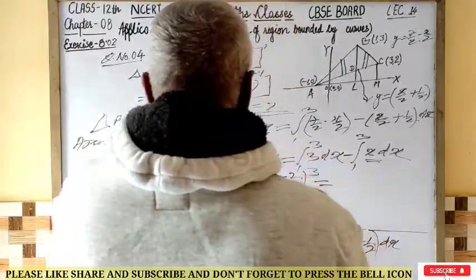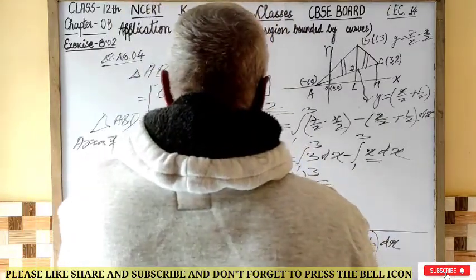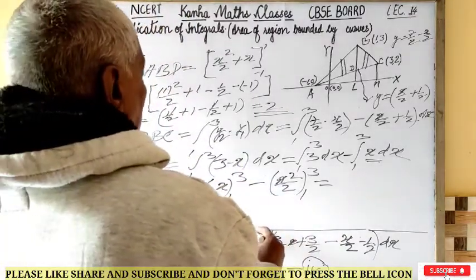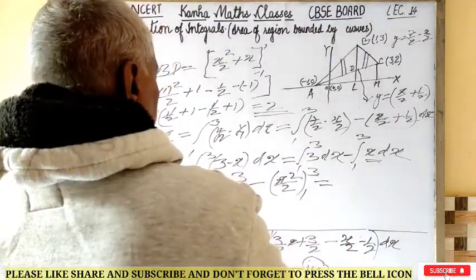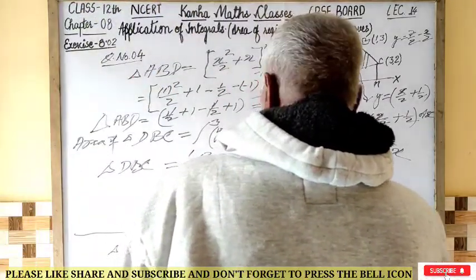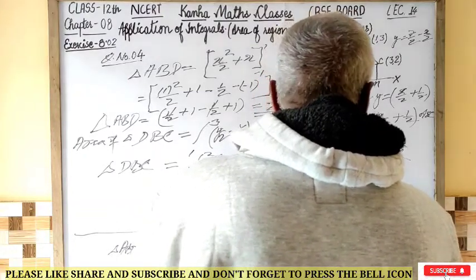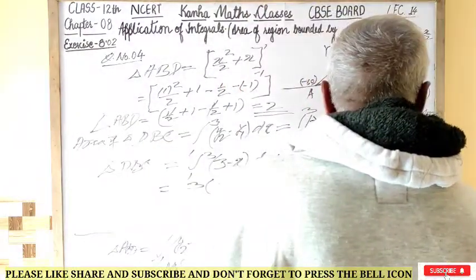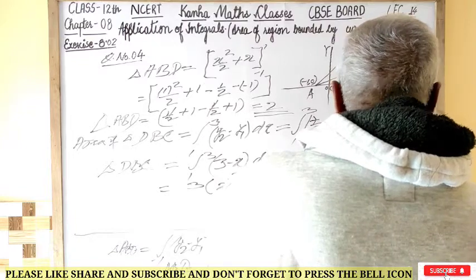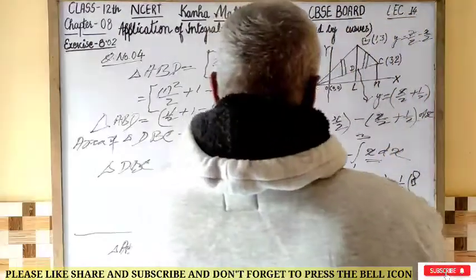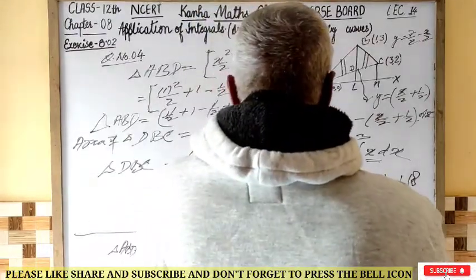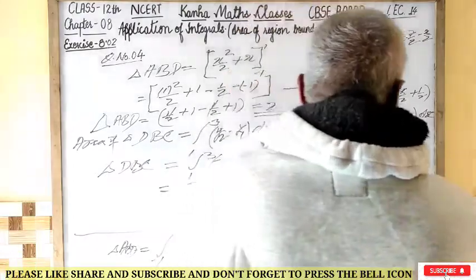This is x equal to 3 and x equal to 1. 3 dx means 3x, x equal to 3 and minus 1, and here minus 1 by 2 of x square, 3 square is 9.